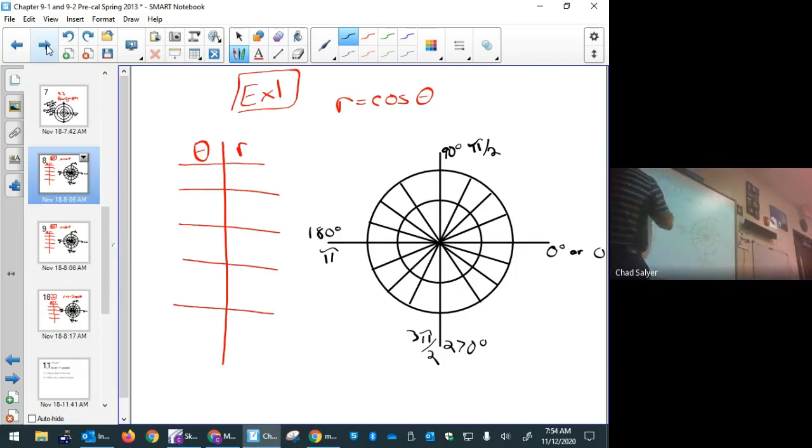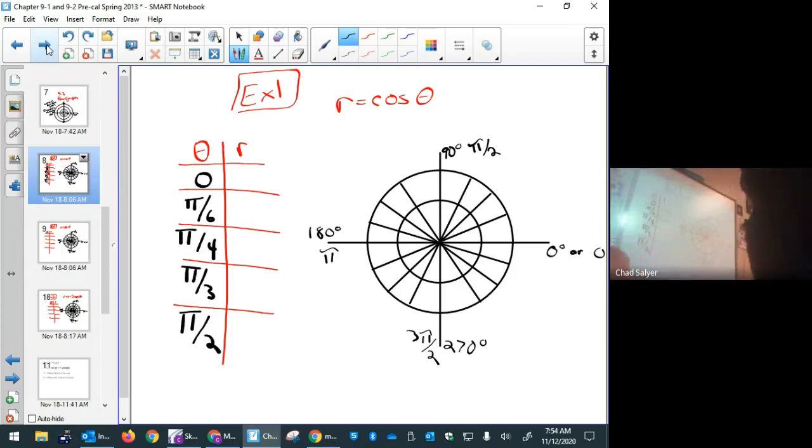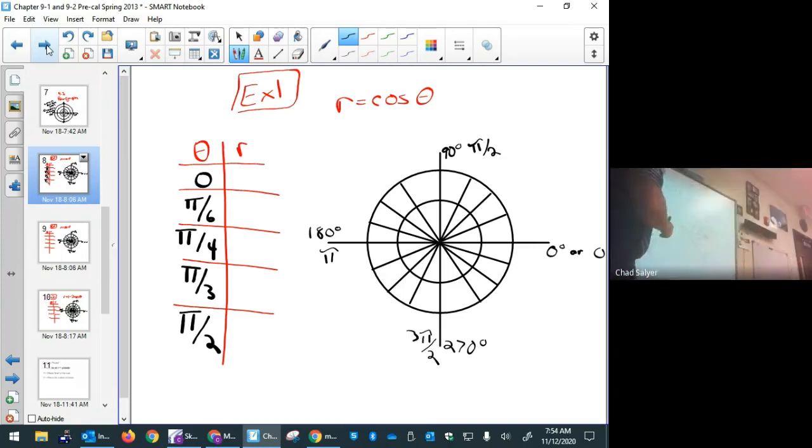I'm going to pick 0 radians, pi over 6 radians, pi over 4, pi over 3, and pi over 2. Now you will notice those are all the angles from quadrant 1 of the unit circle. So these should be real easy for you if you remember the unit circle.